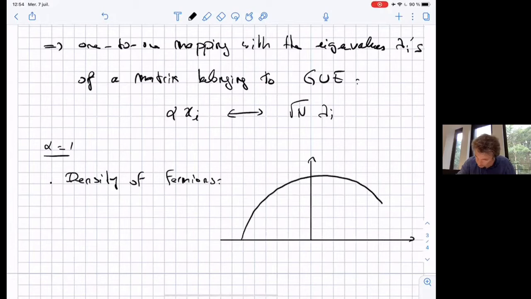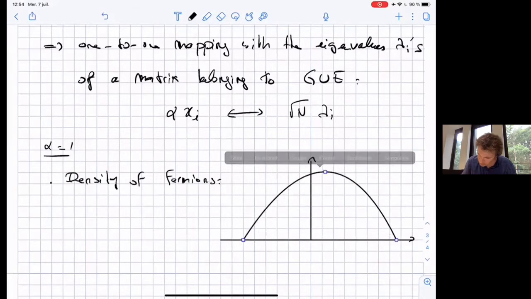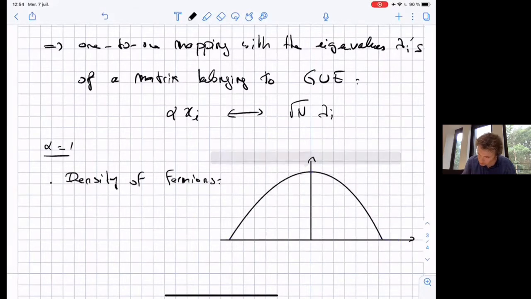But now the spectrum, sorry, instead of being between minus square root of 2 and plus square root of 2, because of this square root of n factor here, that will be x. Let me call it rho n of x.